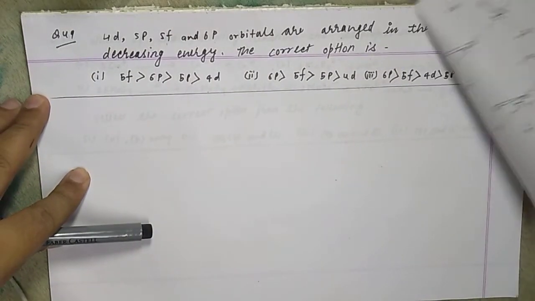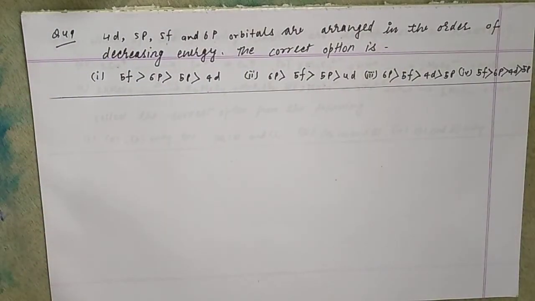Question number 9. They are saying 4d, 5p, 5f and 6p orbitals are arranged in order of decreasing energy. The correct option is? So we have to find out the order of decreasing energy.